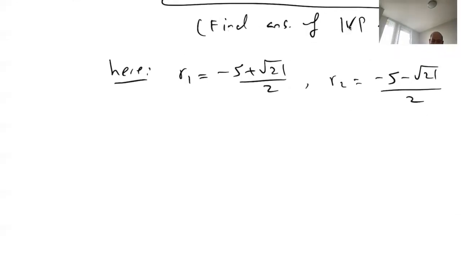All right, now let's look at the next case. So we covered the case where b squared minus 4c is positive.